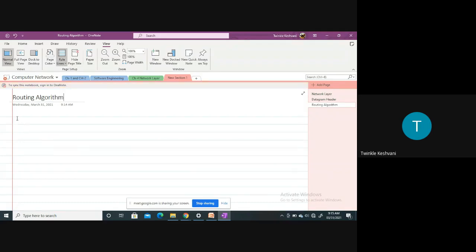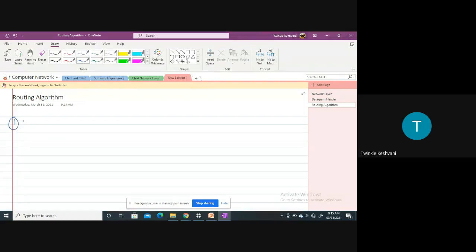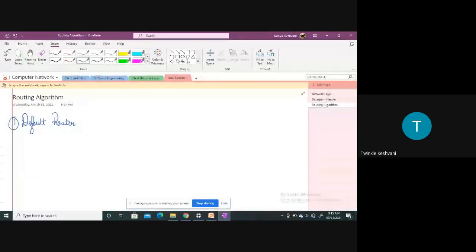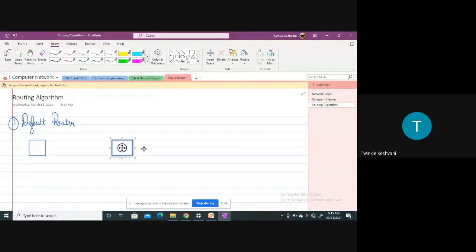So first is the default router. Now, if I talk about the default router, let's say that there is one host, there is one another host, right? And this host is connected with a specific router, that is this.